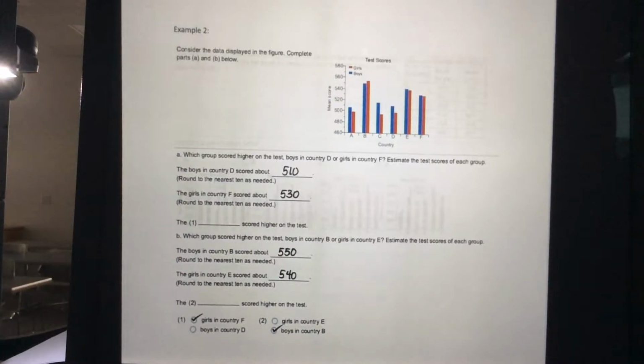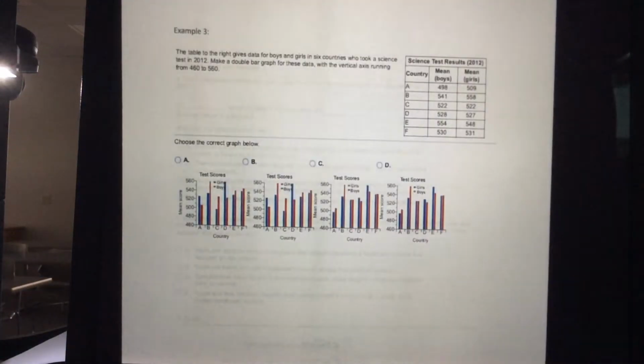All right, next we'll look at another multiple bar graph like this one. The table to the right gives data for boys and girls in 6 countries who took a science test in 2012. Make a double bar graph for these data with the vertical axis running from 460 to 560.